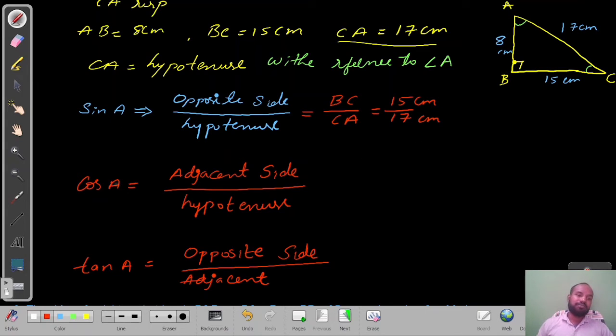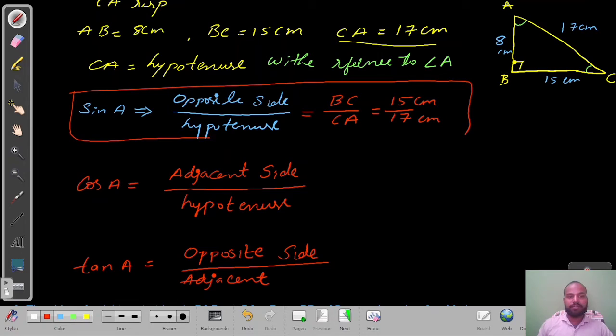Let us move to the cos A value. I'm going to draw one box for the sin A. Sin A value is completed. Next, we are moving to the cos A value. Cos A is equal to adjacent by hypotenuse.